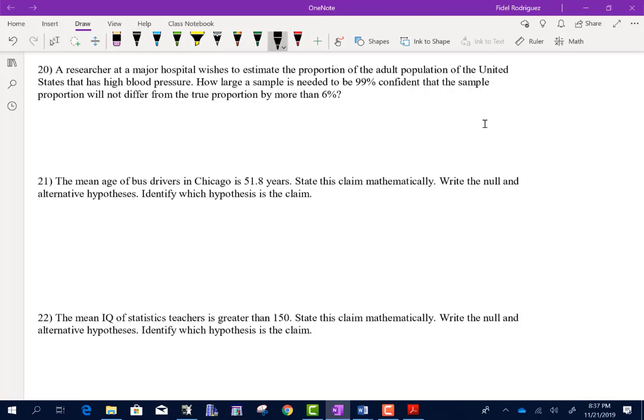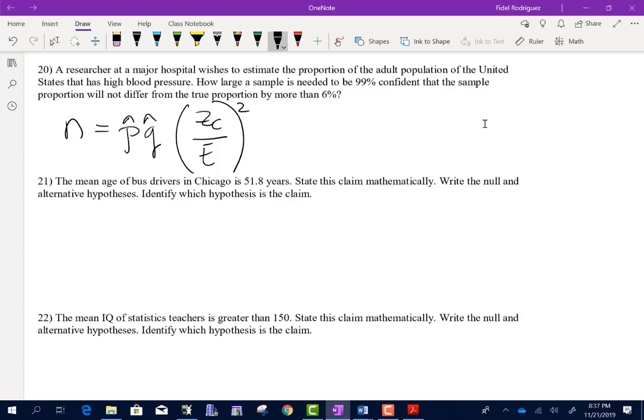So I'm going to write the formula down here: Q hat, Zc over E, squared. All I did here is write down that formula, so let's see if we can answer some of these questions.